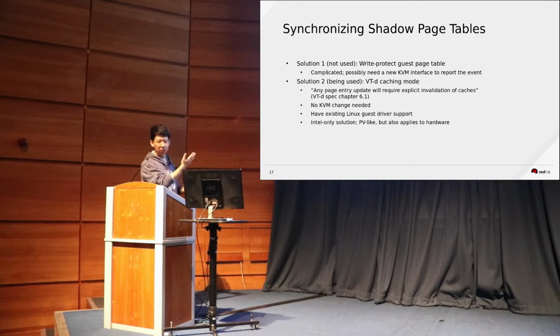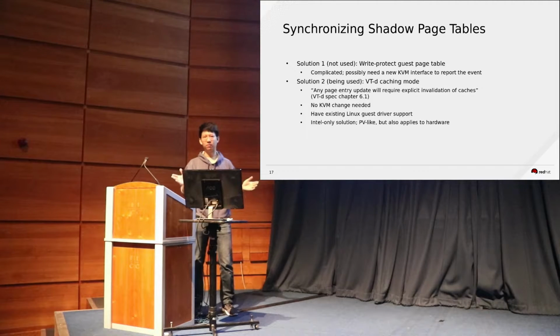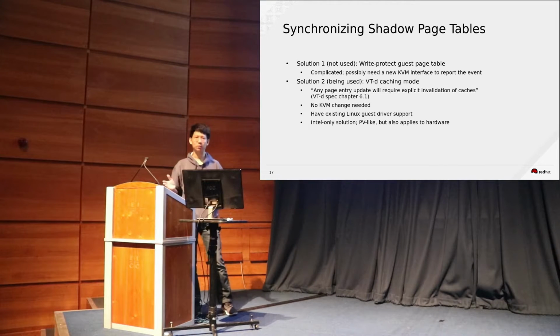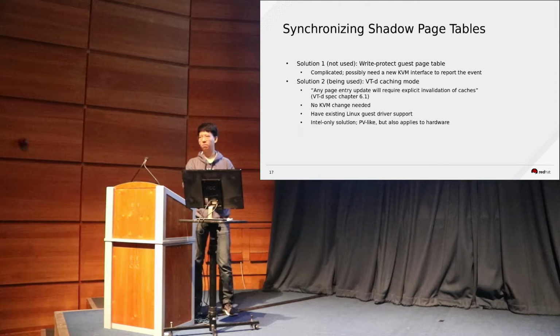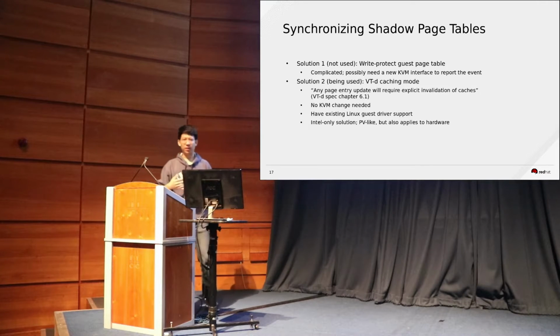So the first solution, as I mentioned, we don't really need a real PV interface there. We can actually trap a page, as far as I know, but we need some better interface, or that's complicated work. For example, if we are using KVM, maybe we need some new ioctls to support this. I'm not sure.